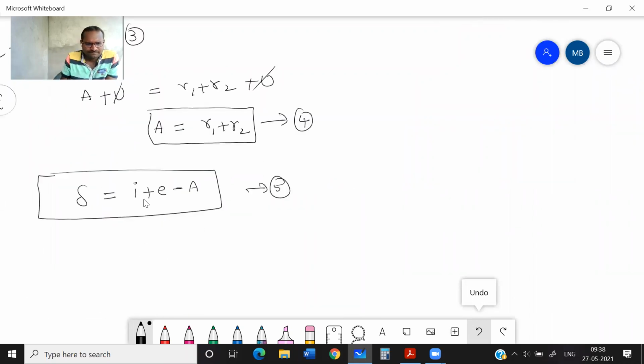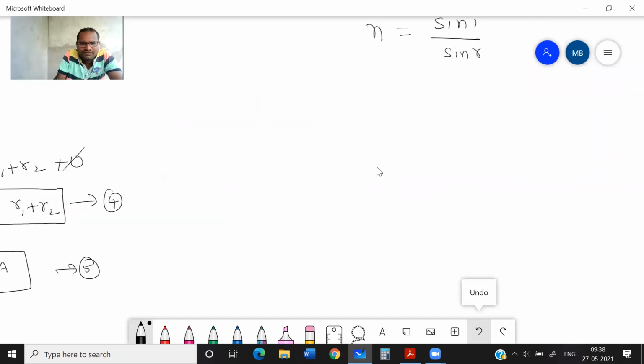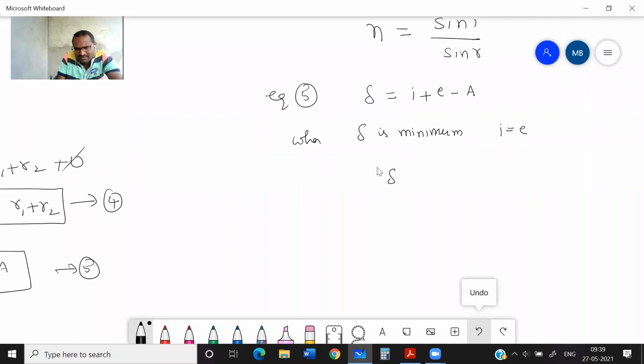Equation number 5: delta is equal to I plus E minus A. When delta is minimum, we can say I is equal to E, then delta minimum is equal to 2I minus A, because I is equal to E. Then 2I is equal to delta minimum plus A. Then I is equal to what, Nana?